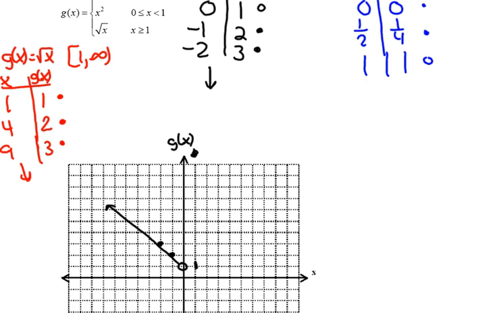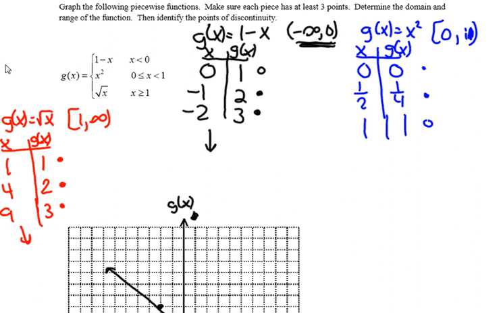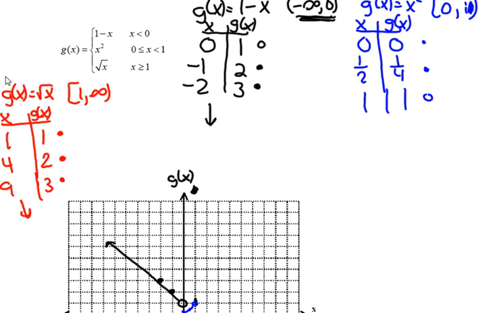Now, let's do the blue. So (0, 0). (1/2, 1/4), that's about there. And then (1, 1). That's an open circle at (1, 1). And remember, because, let me scroll back up, this is a quadratic function, you would expect this to be curved.